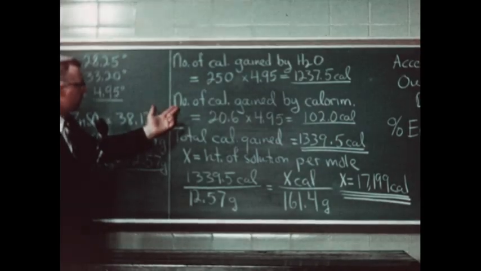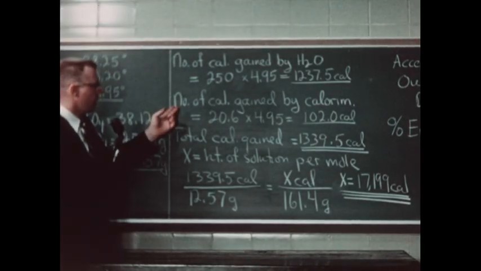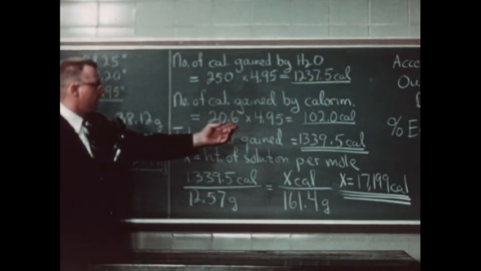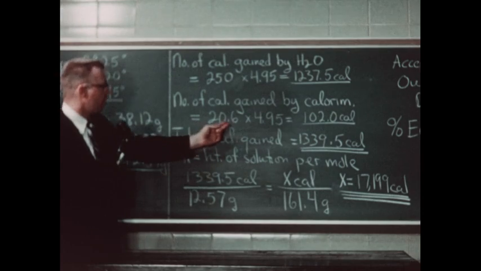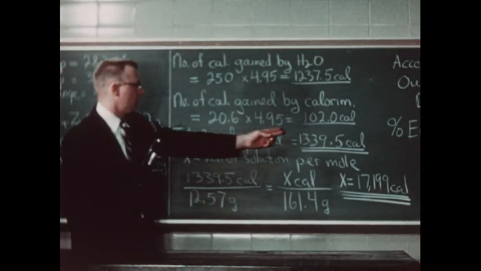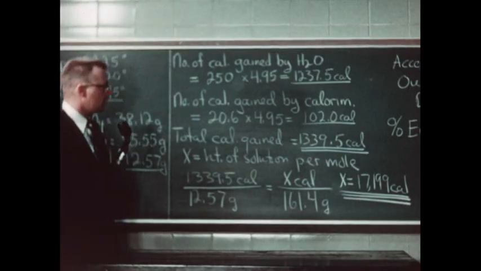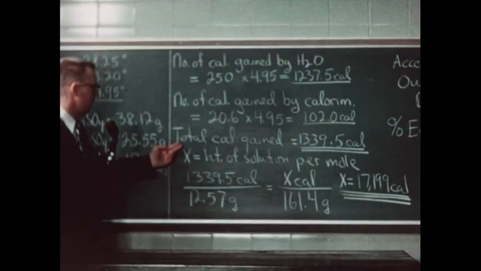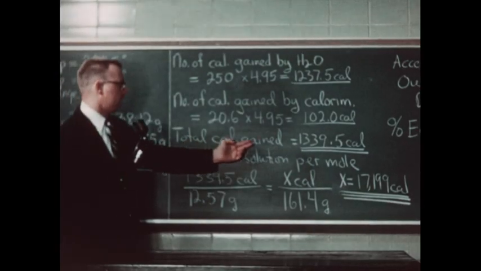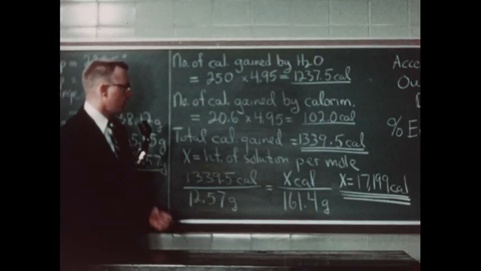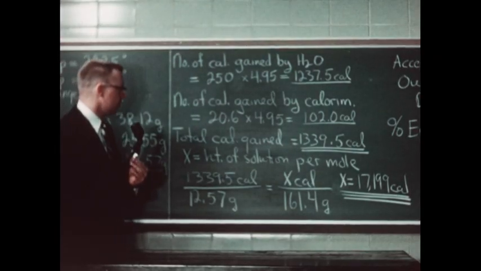The calories gained by the calorimeter can be calculated if we know the calorimeter constant, which we previously found to be 20.6, and multiply that by the temperature change of the calorimeter. This comes out to be 102 calories. Adding these two figures together, we then have, for the total calories gained by the calorimeter and the water, 1,339.5 calories.